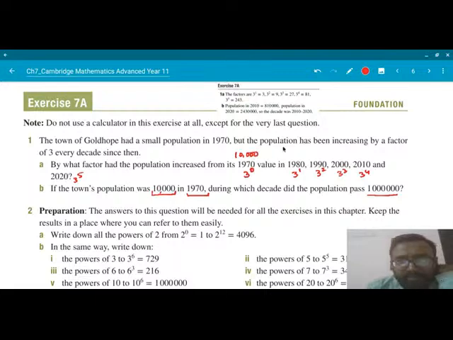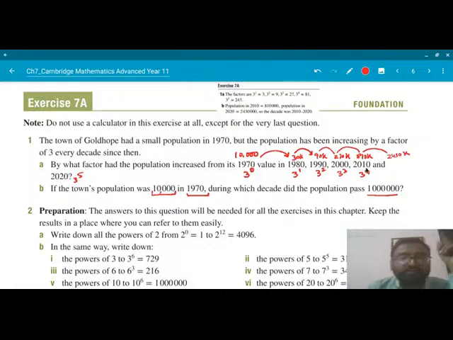In the next it will be 30,000, am I right? 30K. Next will be 90K, and next will be 270K, and next will be 810K, and next will be 2,430K.